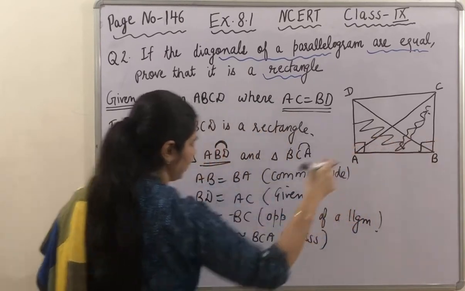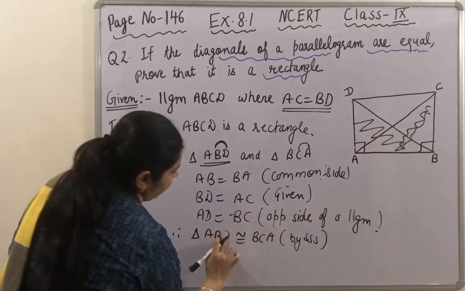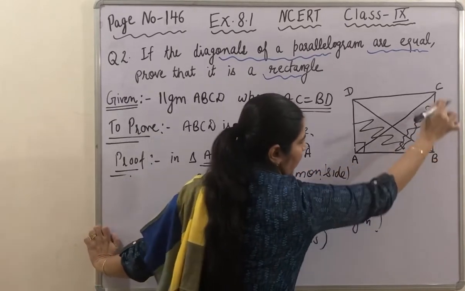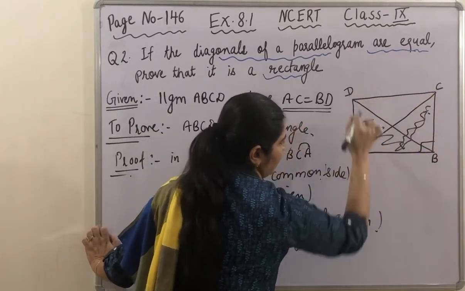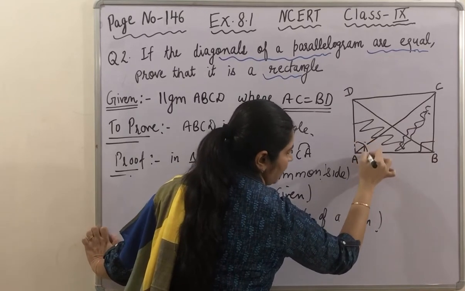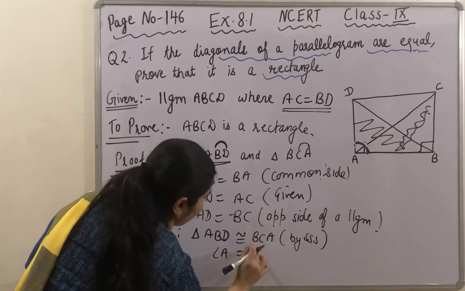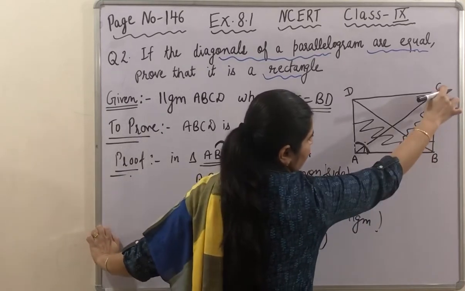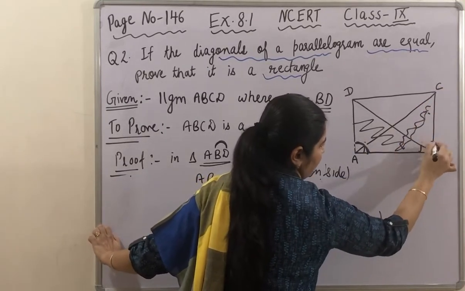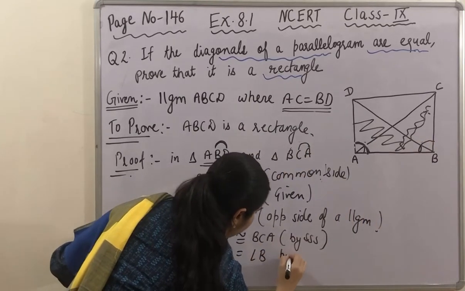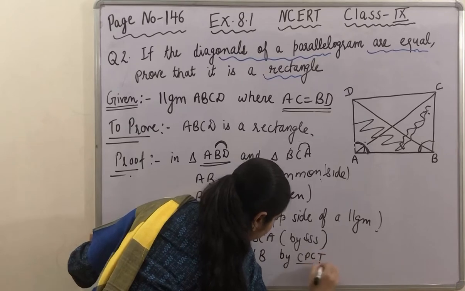By CPCT we'll write in triangle ABD, in this triangle, we'll take this angle because this is our requirement, angle A, and in triangle BCA we'll take this angle. Both the angles are equal by CPCT.